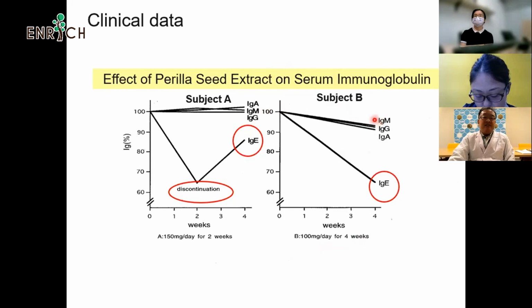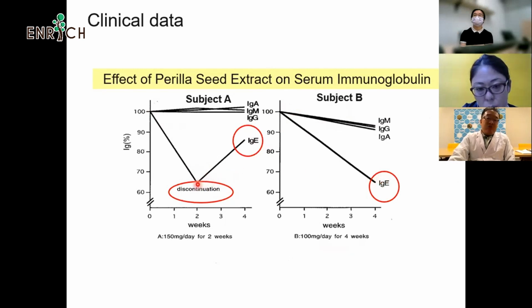As a result, as you can see, pear seed extract administration strongly reduced the serum IgE levels by 2 or 4 weeks ingestion.